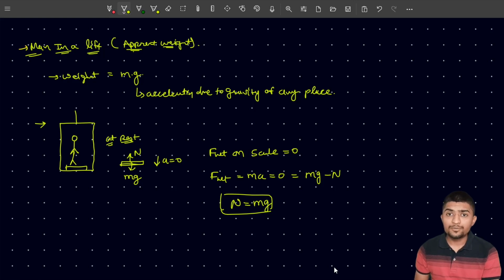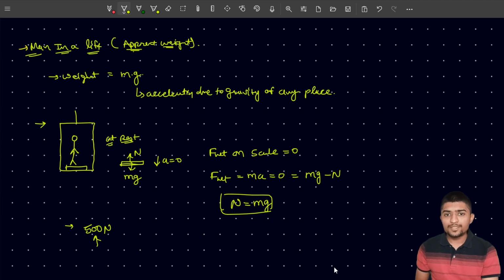When the lift starts moving, the man feels there is a change in his weight, because when we are standing in a lift and the lift starts suddenly, we observe that our legs bend. That is due to the apparent weight, because our body is instructed to handle the weight of our body. Let's say we have a weight of 500 newton, so our muscles and legs are instructed to bear the weight of 500 newton.